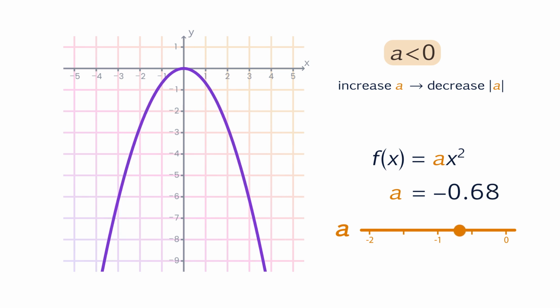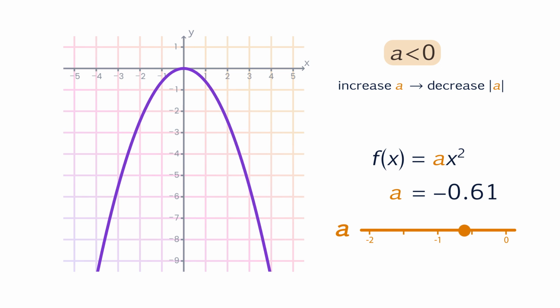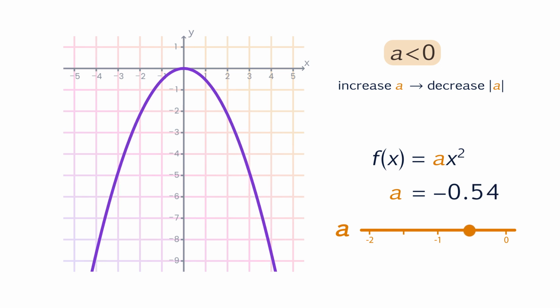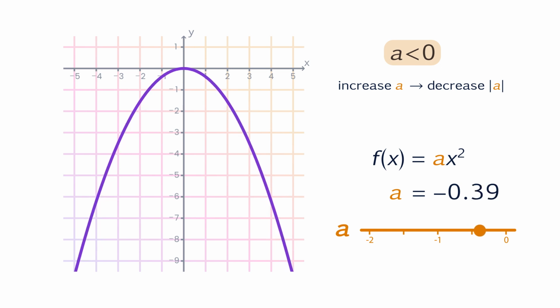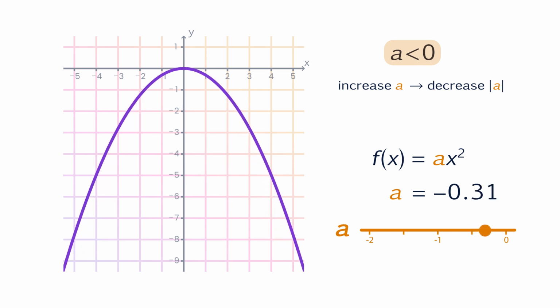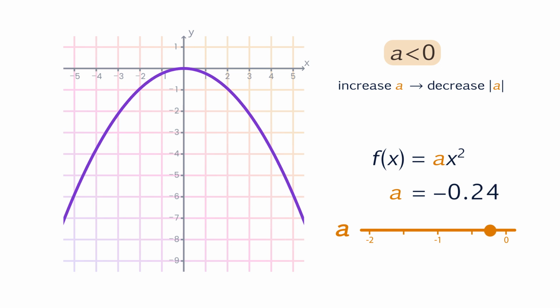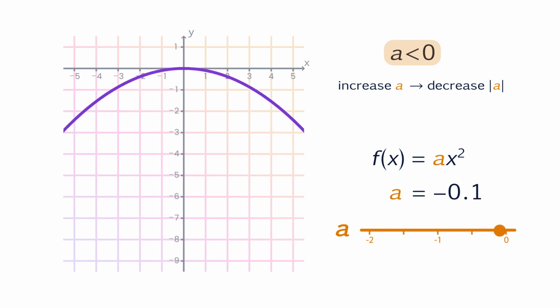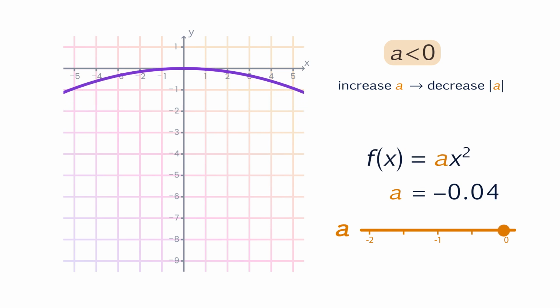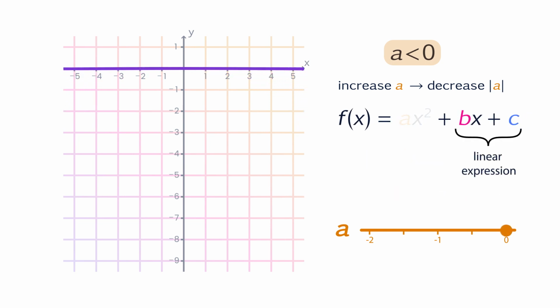Notice how the shape of the parabola becomes wider and wider. So, when a is negative, increasing the value of a makes the U-shape of the graph wider. It becomes wider because the absolute value of a decreases. Again, a can't be equal to 0 because then you won't have a quadratic function at all.